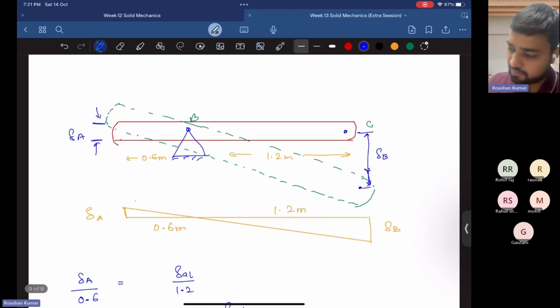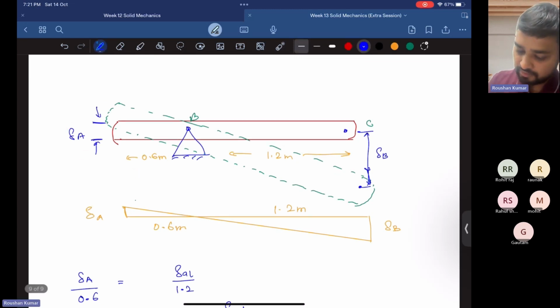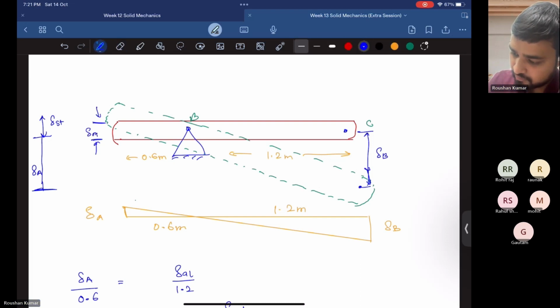Now here, if you see this figure, you can relate one thing: this is the initial point and this is the change in length of the point A. This is delta of the steel due to the elastic property of the steel, and this is the change in length due to temperature in the steel, the total change in length due to temperature in the steel.